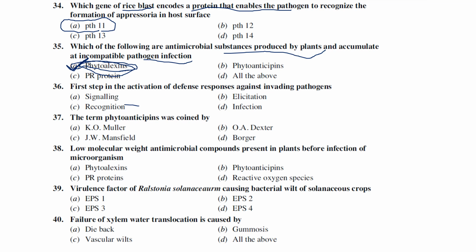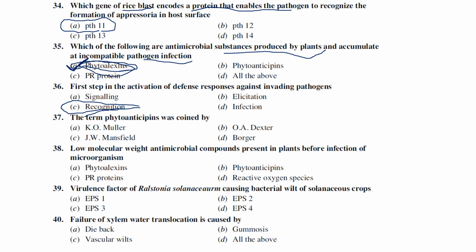The first step is, first of all, we need to recognize the presence or the entry of a thief. The thief, in the sense, is the substances which are produced by the pathogen. Once you recognize, then only you can act accordingly, right? So the first step is the recognition. The term phytoanticipins, I repeat, not phytoalexins, phytoanticipins, was coined by K.O. Muller, Dexter, Mansfield, and Borger.